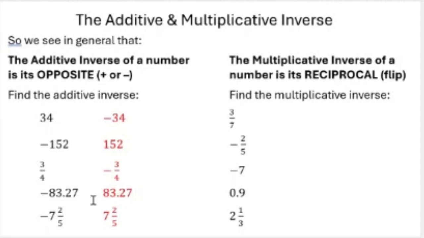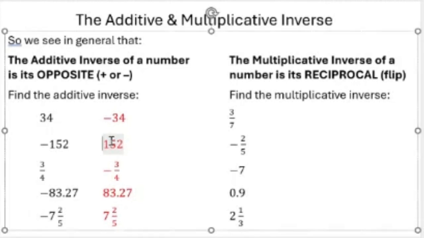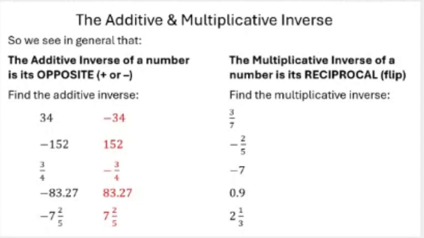Doesn't matter if it's a decimal. Doesn't matter if it's a mixed number. The additive inverse is just the same thing with the opposite sign. If I wanted to get a little technical here, I might toss a plus sign in front of those two, like that. I don't have to, though, because we know if there's a plus in front, it's not necessary to write.